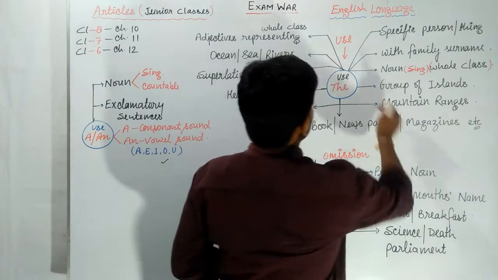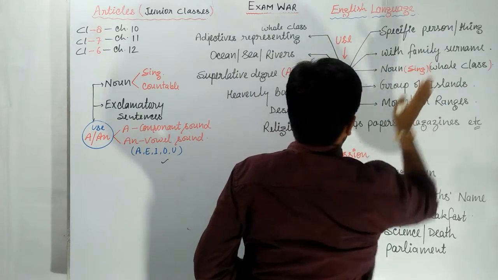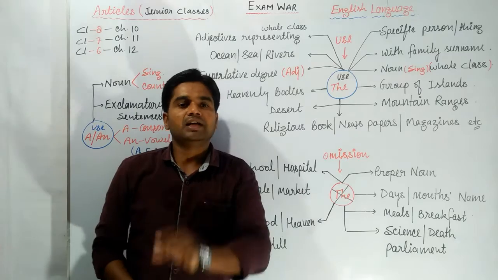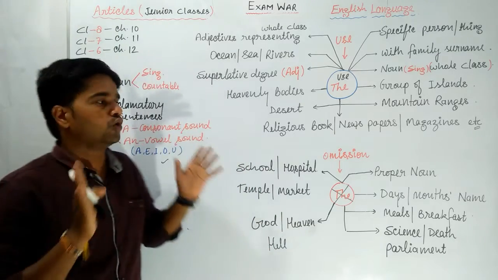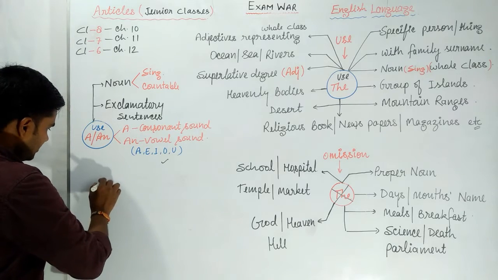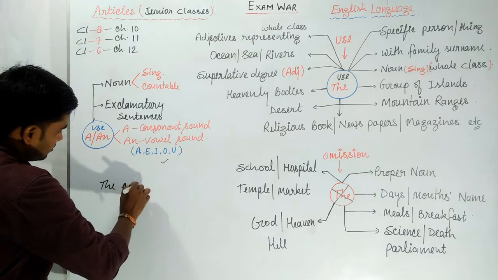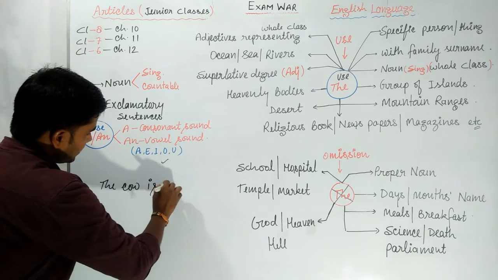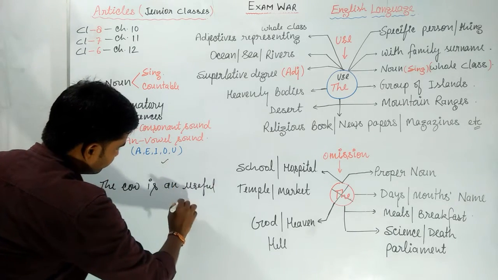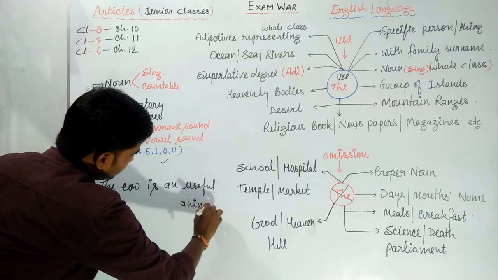Next point, article the with a noun singular referring to the whole class. When we use a noun that is singular and it refers to the whole class, like I say, the cow is a useful animal.